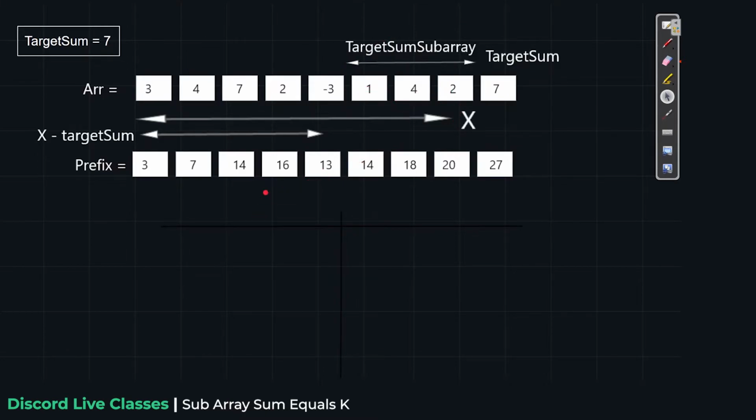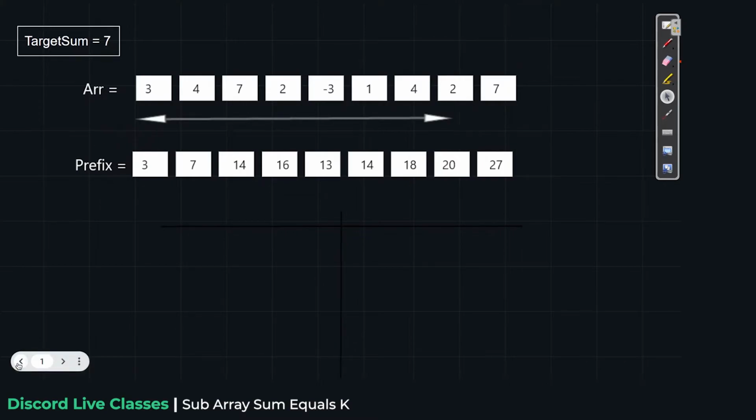If you don't understand, you can see the recording. I'm just repeating my things. Those who are watching the recording can rewind this particular part. Again: the sum from this index to this index is x, and you want to find the target sum, so you compute x minus target sum. Whatever value you get, you need to check whether that sum is available in the array from here to here.